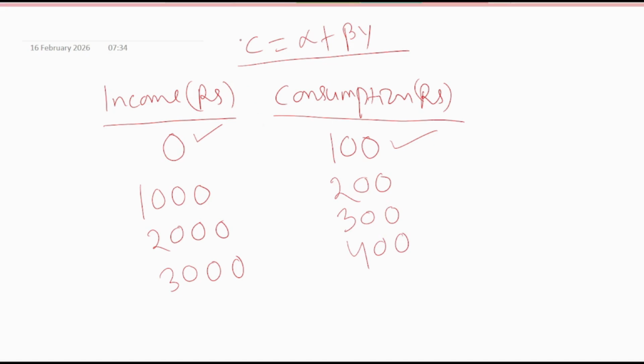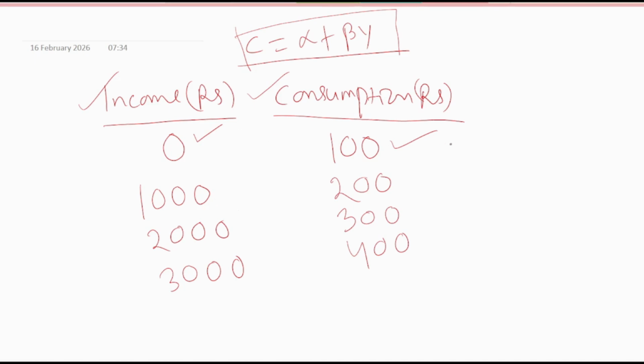Now in this mathematical equation, how to estimate or how to know the value of alpha and beta given the observed data point. Here we have this observed data for an individual A, about his income and about his consumption.